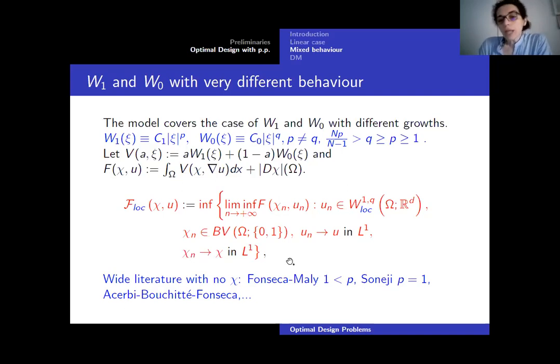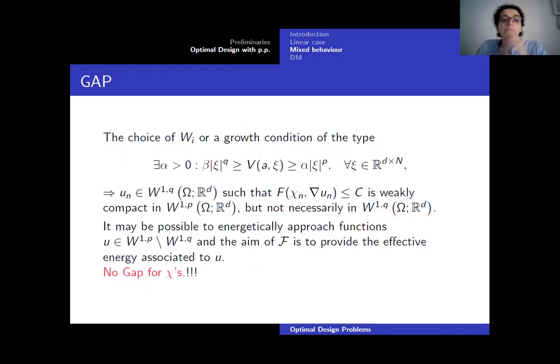But for our analysis, we are going to compare also with another result due to Acerbi, Buttazzo, Fonseca, where there is an extra assumption on the densities W1 and W0. But I will reach this point later. Well, okay, this is our goal.